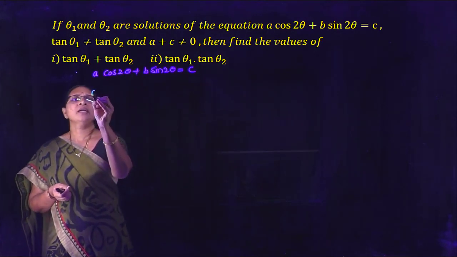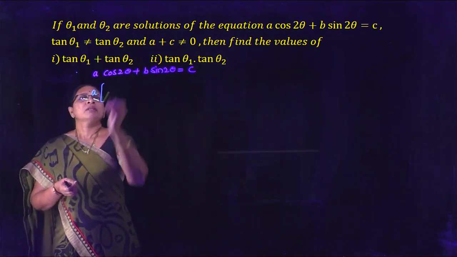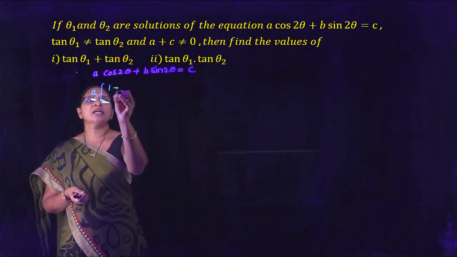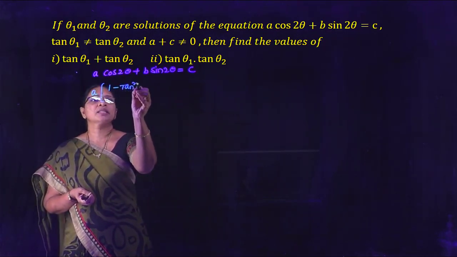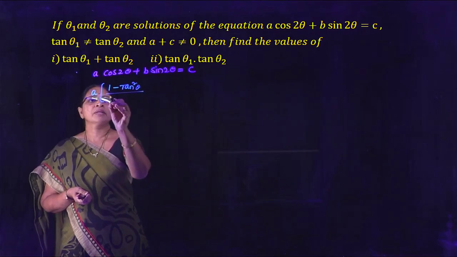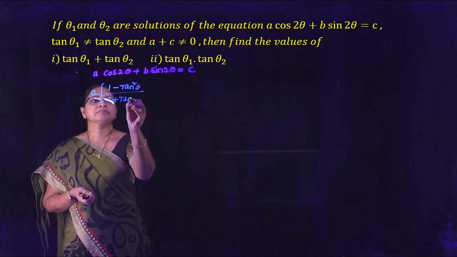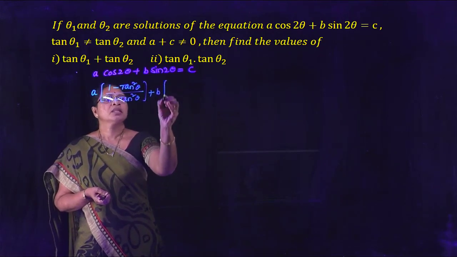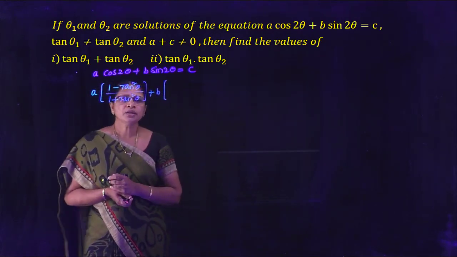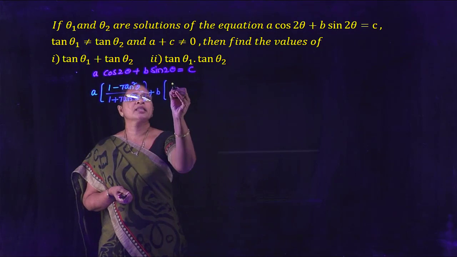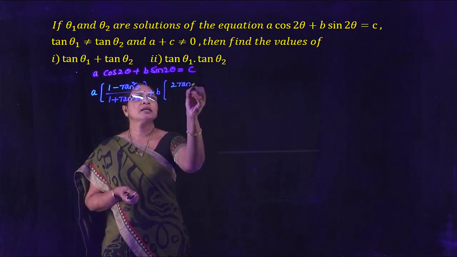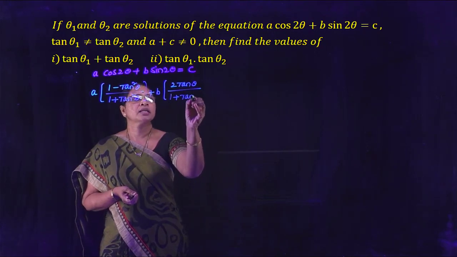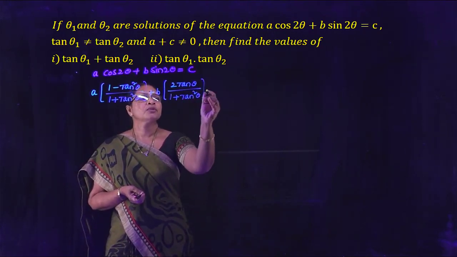Here, a into the formula for cos 2 theta in terms of tan theta is 1 minus tan square theta by 1 plus tan square theta, plus b into the formula for sin 2 theta in terms of tan theta, 2 tan theta by 1 plus tan square theta, is equal to c.